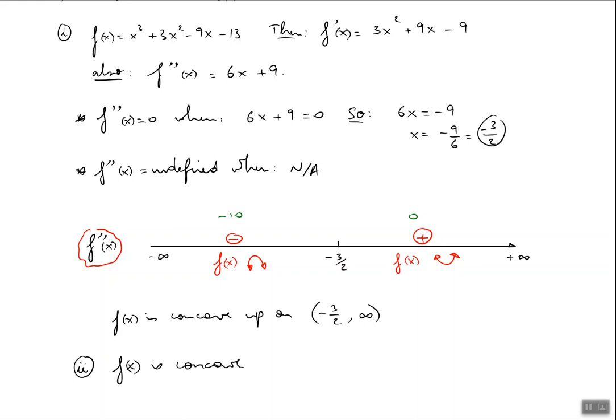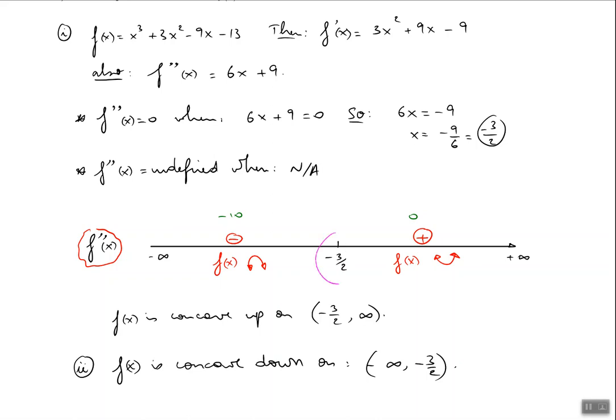In this case, the function is concave down on the interval from -infinity to -3/2. And that's pretty much it. Typically speaking, we combine these two questions in one. We don't separate them into part 1 and part 2 because the work is identical for both of them. We don't change a single thing.